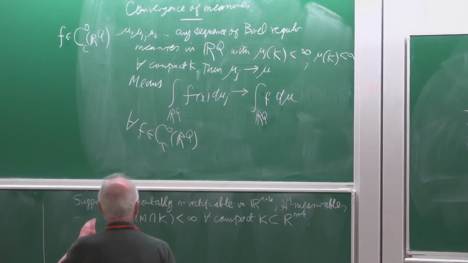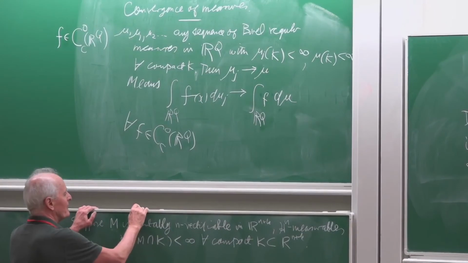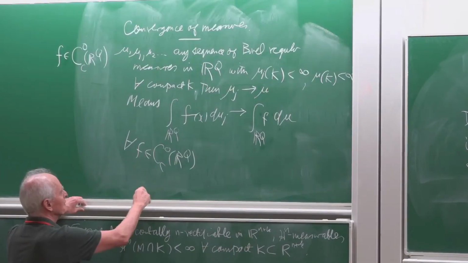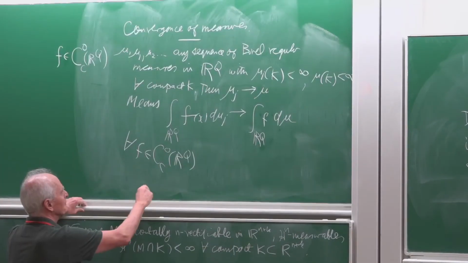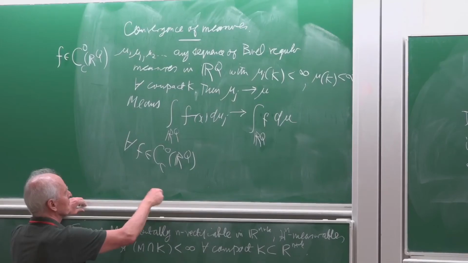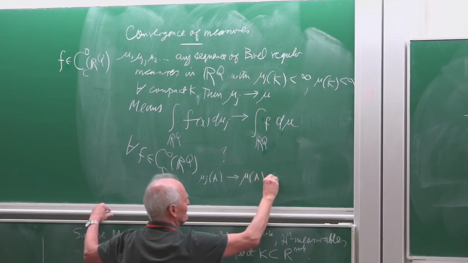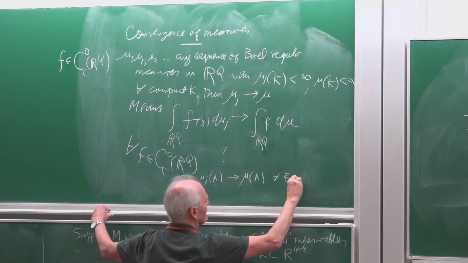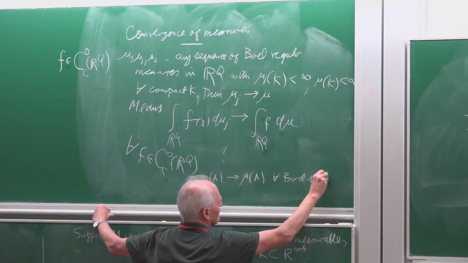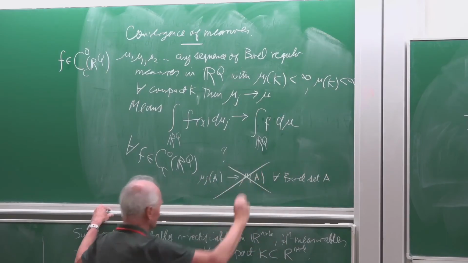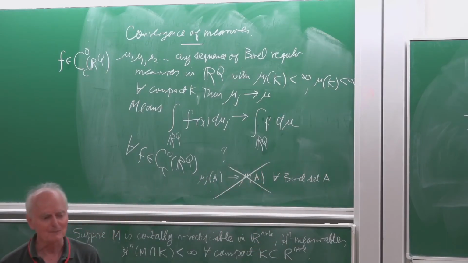By the way, it's maybe tempting for novices to measure theory to ask, is that the same as saying that mu_j(A) converges to mu(A) for every Borel set A? That's not true, because you have problems with boundaries of sets and so on.